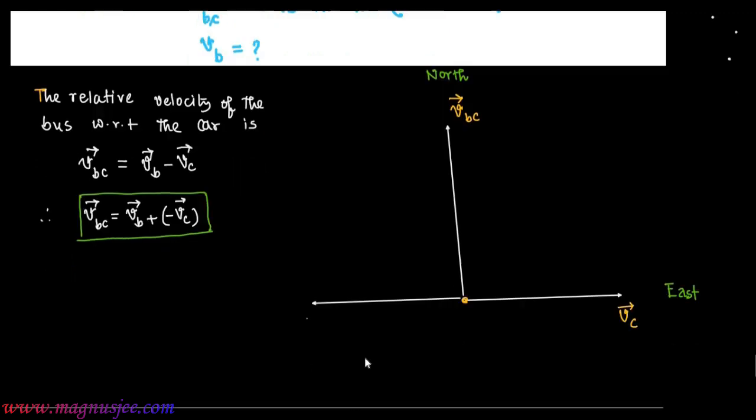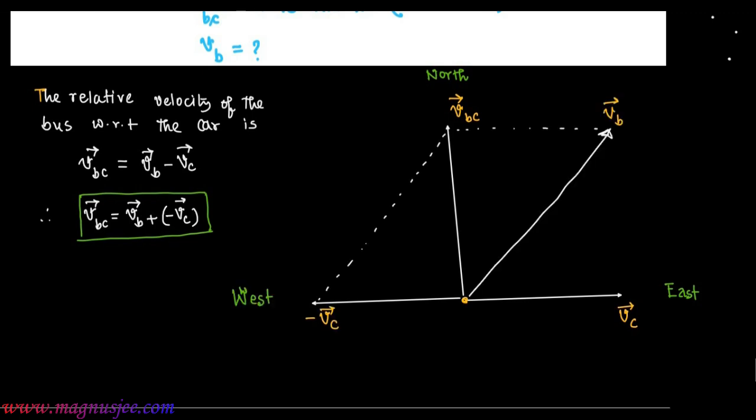Now we can draw the west direction. This is the west direction along which minus vector Vc is denoted. Hence, we should consider that the bus is actually moving along a direction at an angle phi east of north, such that if we add vector Vb east of north and minus vector Vc due west, we get the resultant vector Vbc due north.